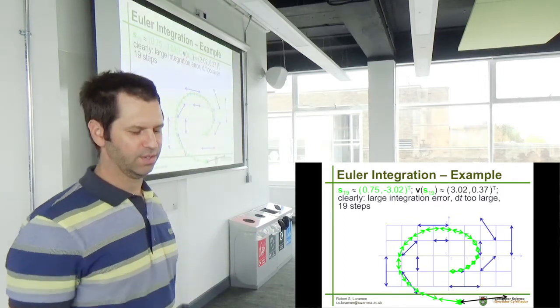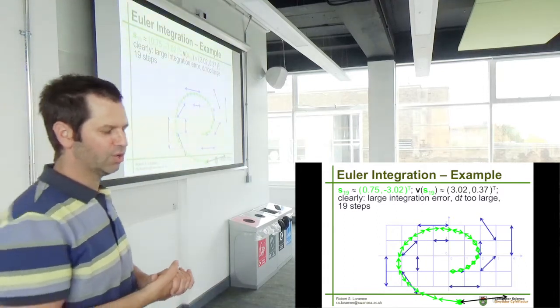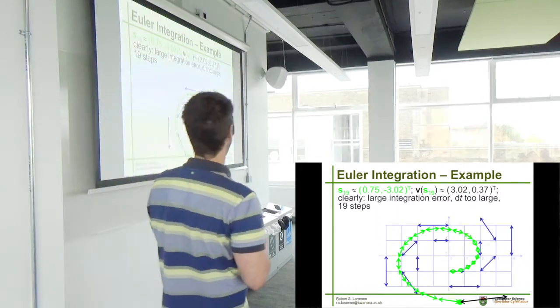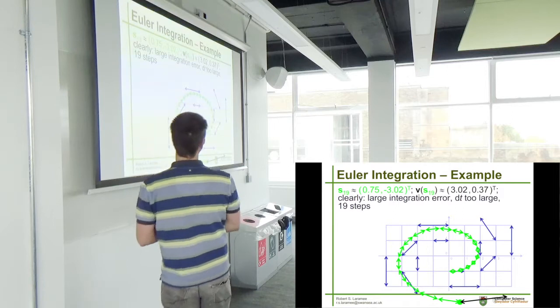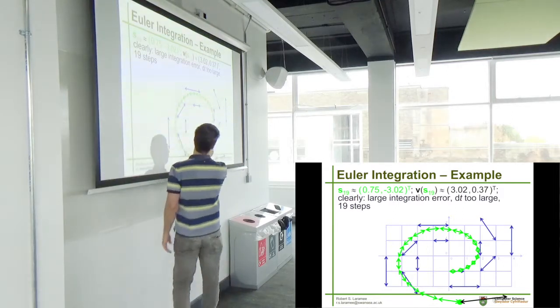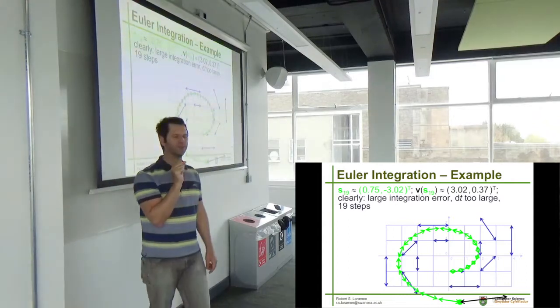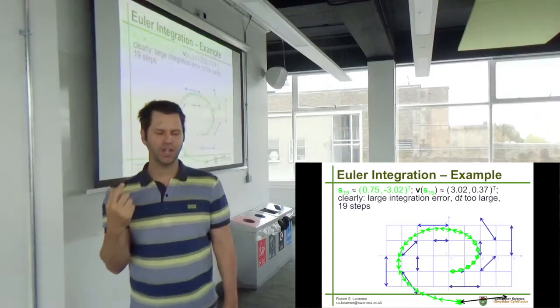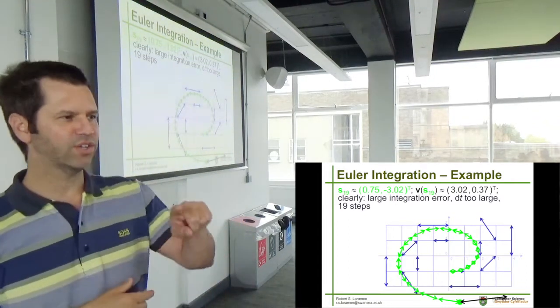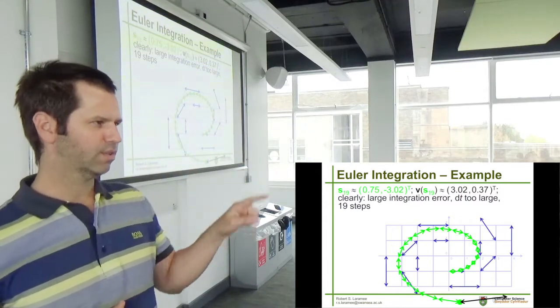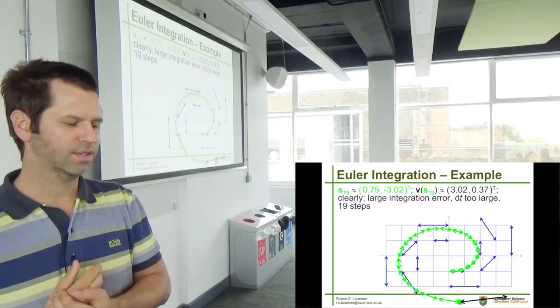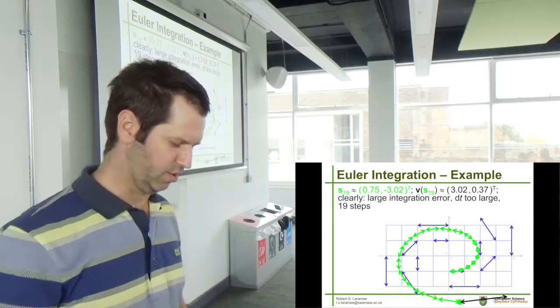That is true here. So the shorter dt is, the higher our sampling rate of the vector field, and the more accurate our reconstruction of the streamline is. The higher the sampling rate, the higher the accuracy.